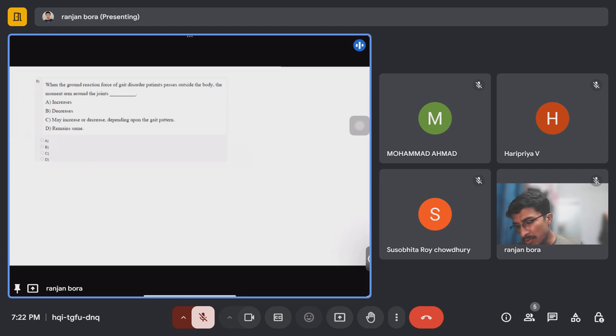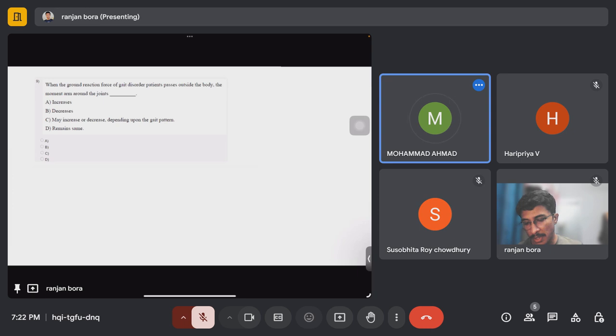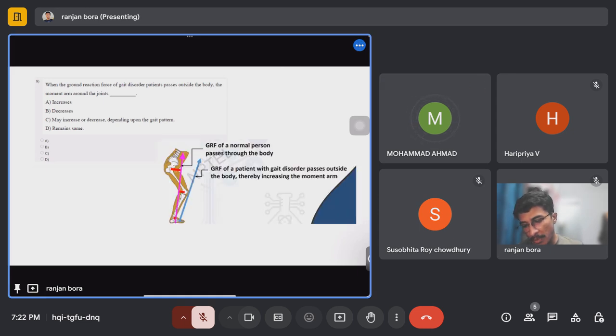Now, when the ground reaction force of gait disorder patients passes outside the body, what happens to the moment around the joints? From this figure we can see the ground reaction force of a normal person passes through the body.